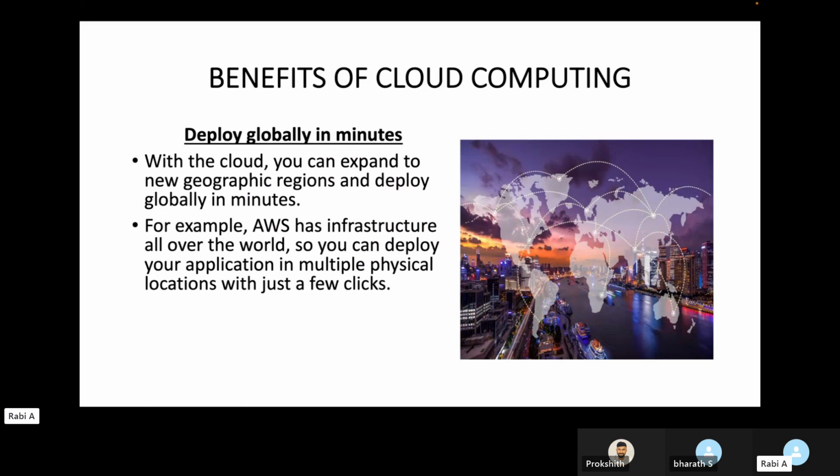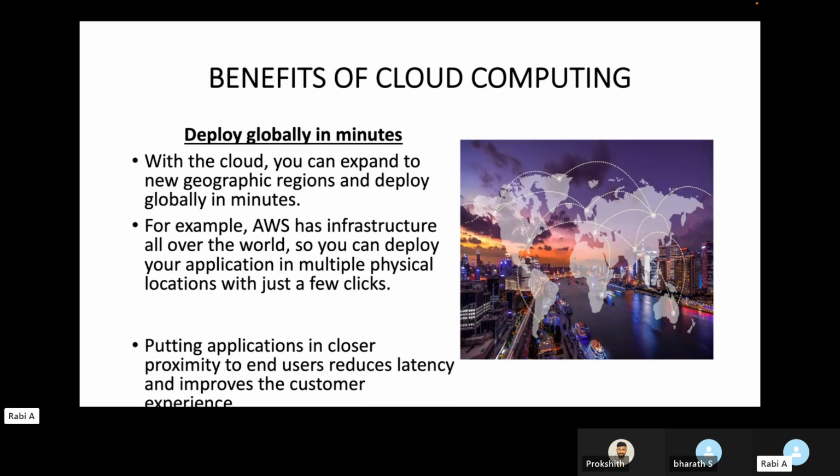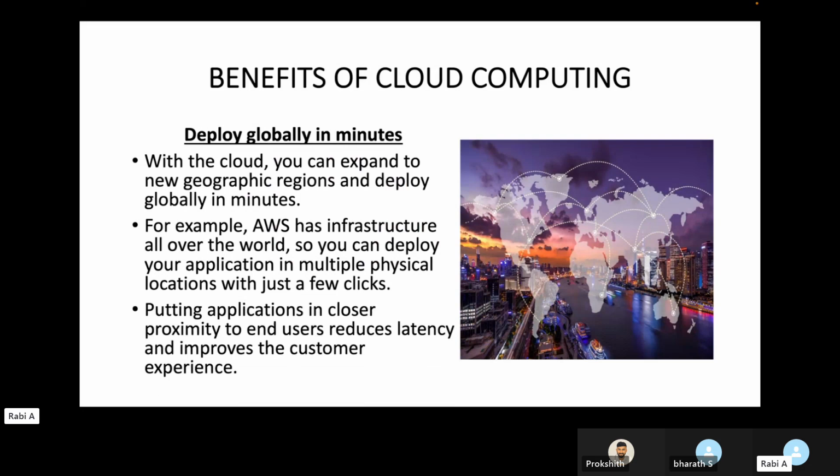So you can deploy your application in multiple physical locations with just a few clicks. All right, so just with a few clicks, you can deploy your applications across any location you want within a few minutes. So putting applications in closer proximity to the end users reduces the latency and improves the customer experience.